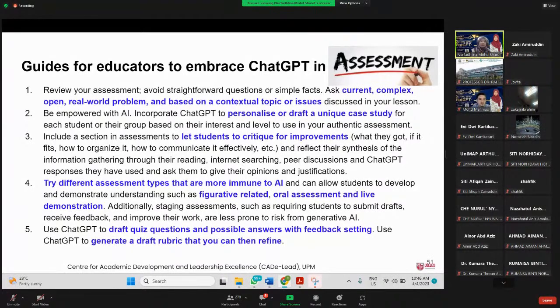It can also generate something different even with the same prompt. So we can try to use different assessment types which are more immune. It is our job to make it immune to AI, and ask the students to come up with figurative-related work, some oral assessment and live demonstration.